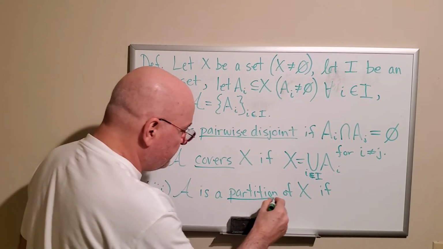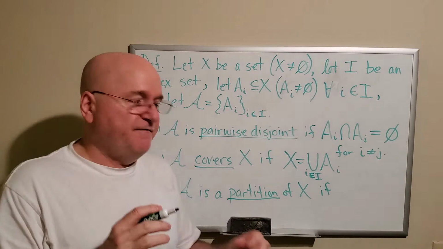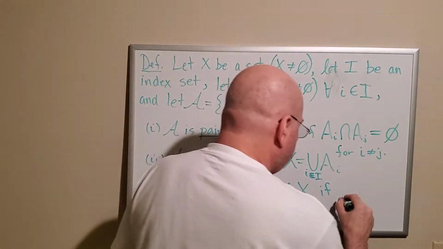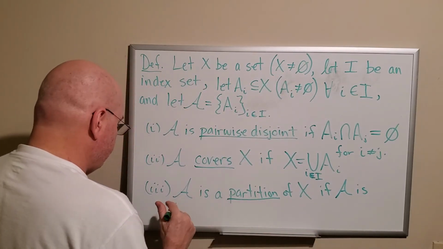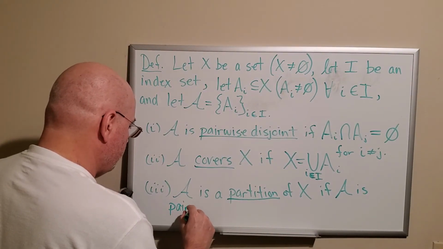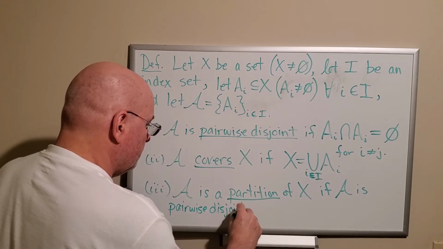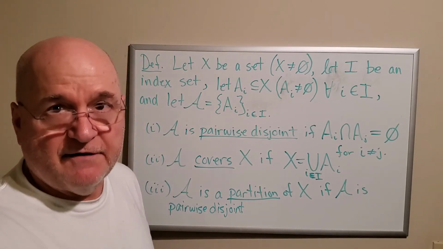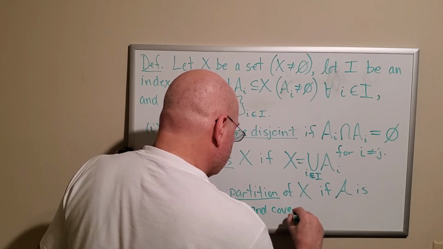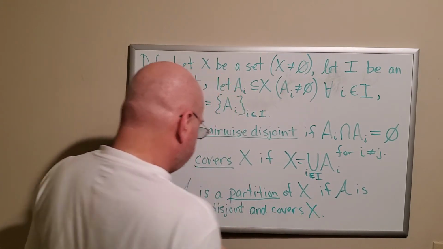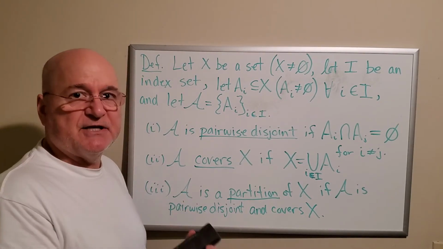And finally, script A, that collection of sets, is a partition of X if script A is pairwise disjoint and covers X. So script A is the collection of sets.